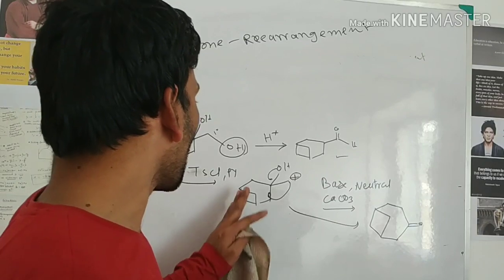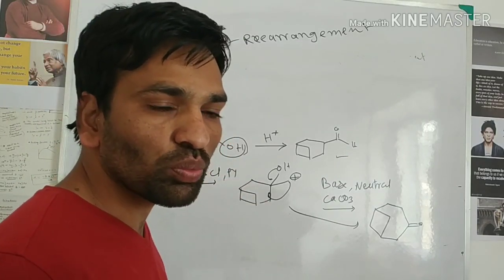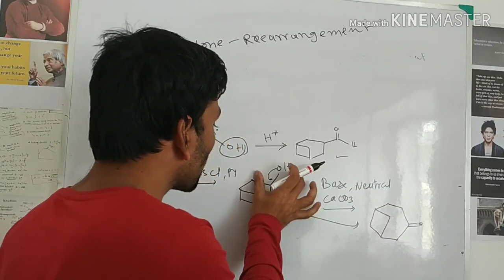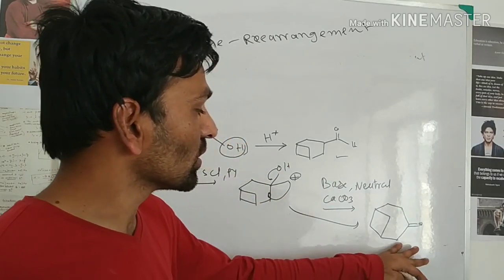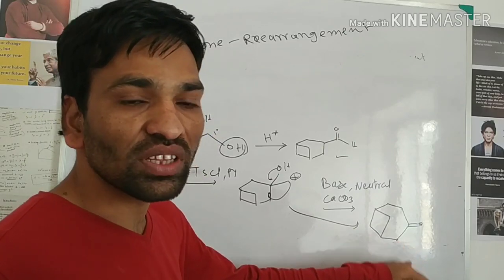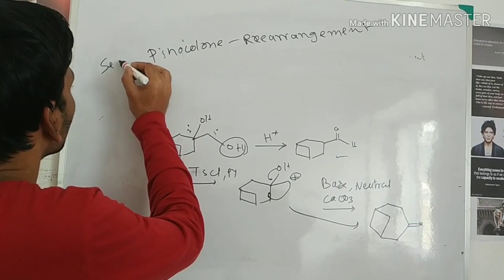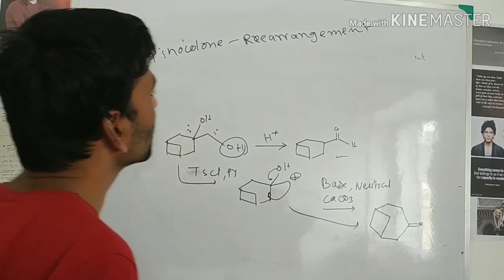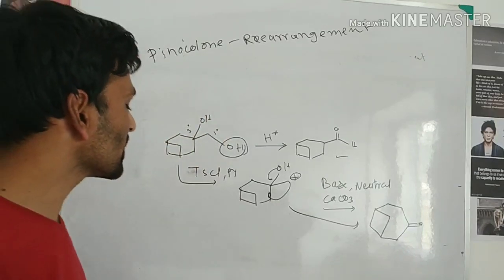That means the primary hydroxy group is converted to tosyl, and then this rearrangement occurs. This type of reaction is called the semi-pinacol rearrangement.